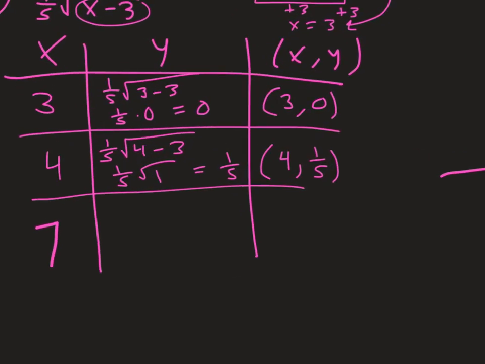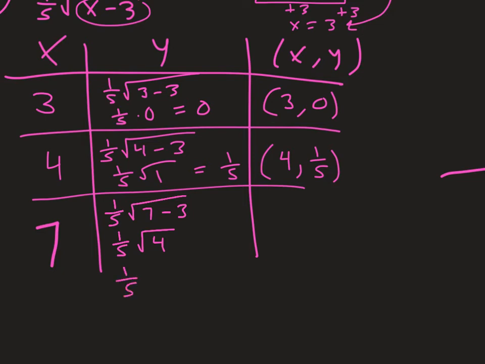7. So we have 1/5 times the square root of 7 minus 3. So 1/5 times the square root of 4. What's the square root of 4? 2. And what's 1/5 times 2? 1/5 times 2 would be 2/5.